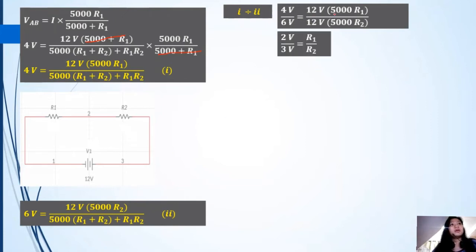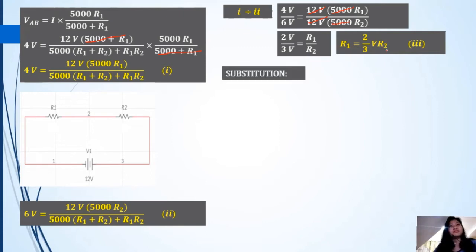And then here, we will cancel the 12 volts, and the 5,000 also. So we have here 4 over 6, which is 2/3, and R1 over R2. So the third equation is R1 is equal to 2/3 times R2. That is for the third equation.